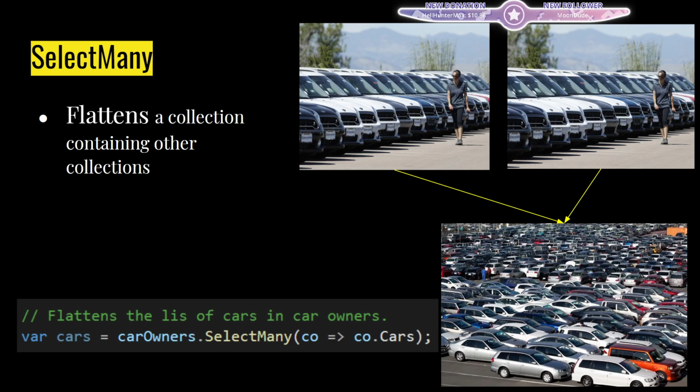We'll make a union with cars from another collection of another car owner. So the end result is that we have 20 cars. If first had 10 and second had 10, in the end we'll have 20 cars. Yes, if we use just Select the problem would remain. We would need to do something to flatten it still. Therefore, there is this distinction between Select and SelectMany.